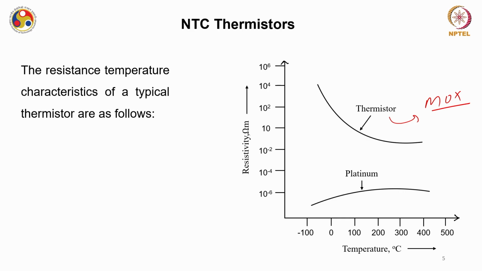On the same plot I have plotted the resistivity curve for platinum with respect to temperature, and the x-axis is from minus 100 degrees Celsius to around 500 degrees Celsius. So the resistance temperature characteristic of these two different devices, platinum I am showing to compare it with the RTDs. If you remember, we have seen that platinum is the base material for any kind of RTDs.